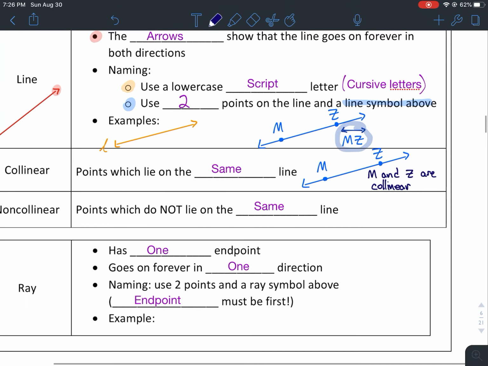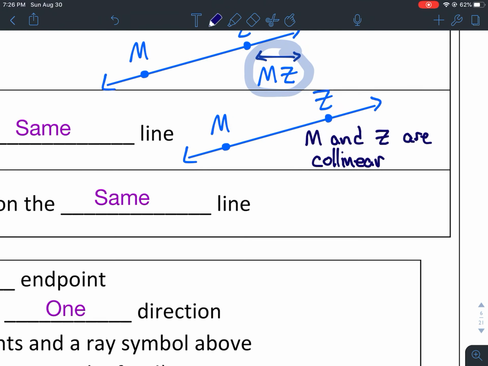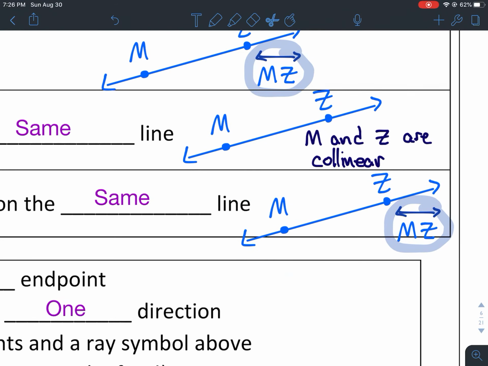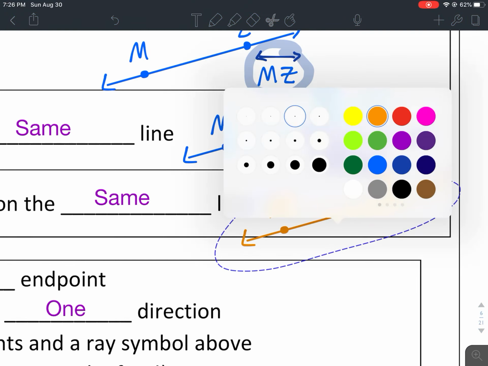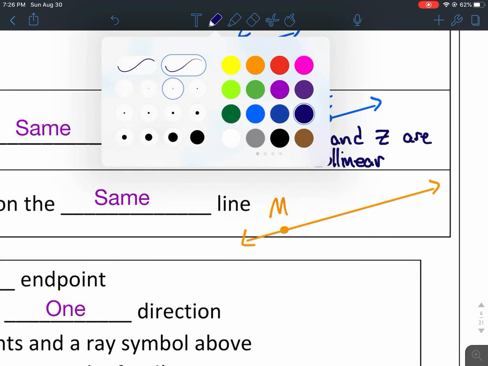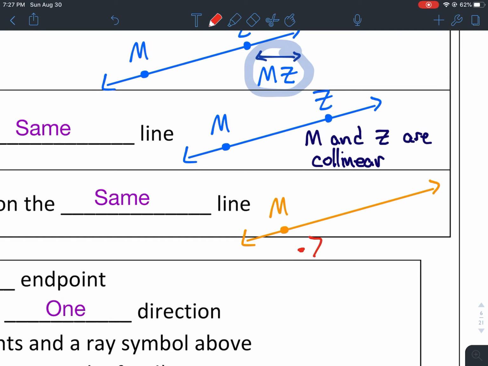Non-collinear, which are points that are not on the same line. So for example, I'm going to use the same picture. I'm going to delete this, change the color just so we can tell, and get rid of Z. I'm going to put Z over here, just so you guys can tell.